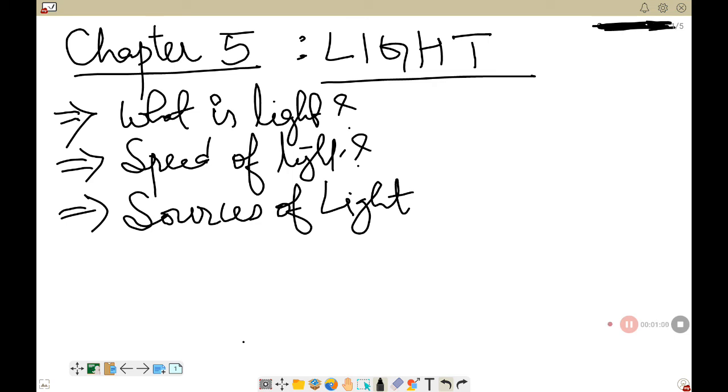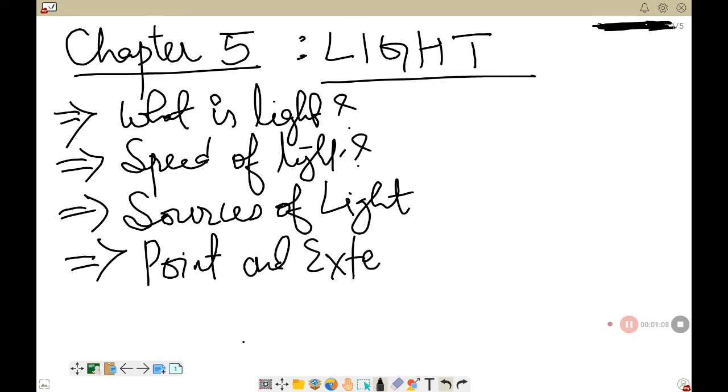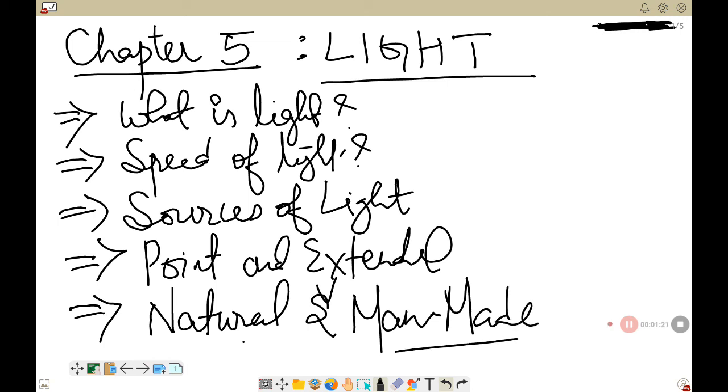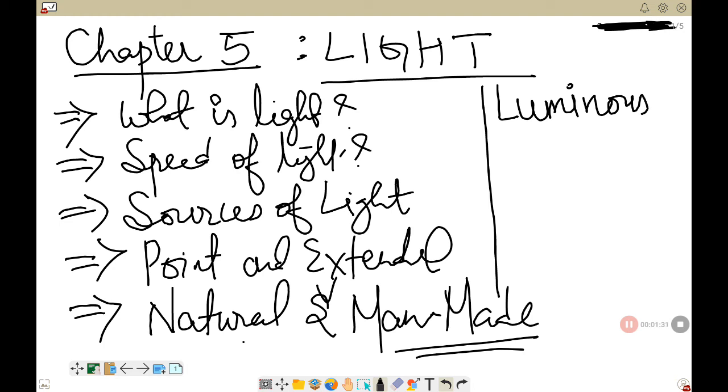All right. In the last class, we have learned about point and extended sources of light. We also learned about natural and man-made sources of light. After that, the last topic that we discussed in our last class was luminous and non-luminous bodies.